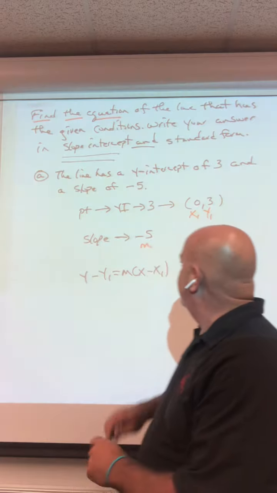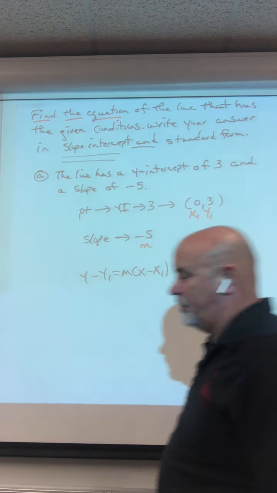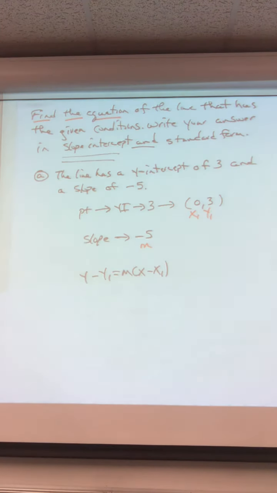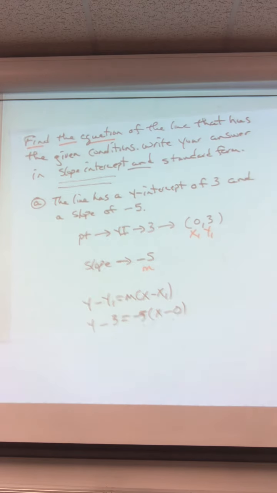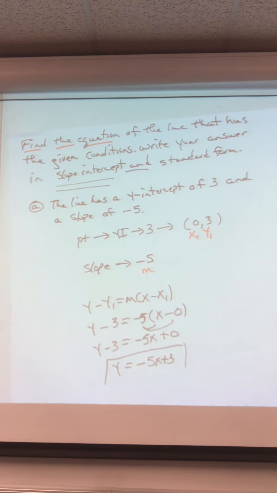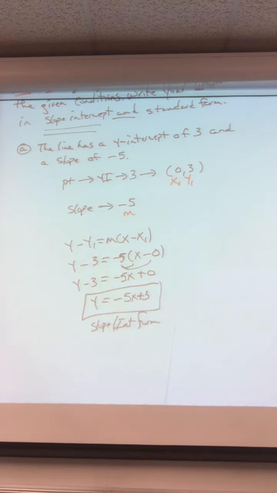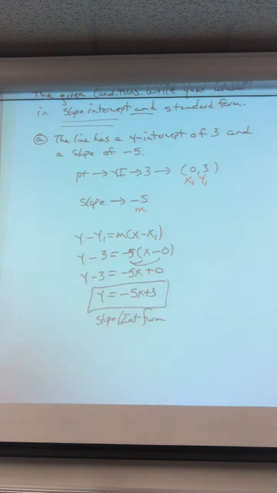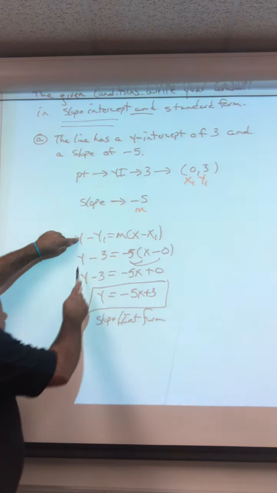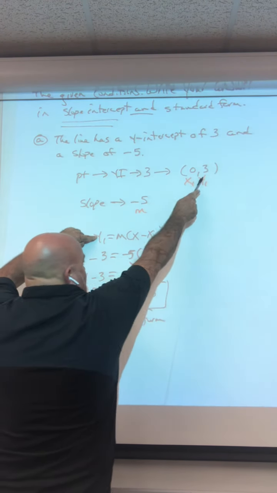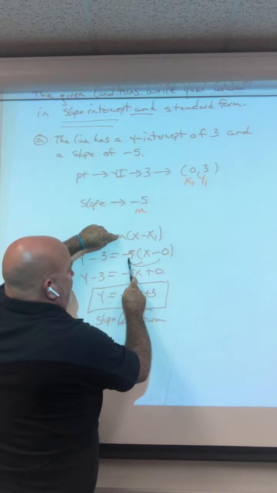All right, so take these three numbers and plug straight into the formula. Okay, so when I do, I get y minus y1, which is 3, equals m, which is -5, times x minus, and then x1 is 0.